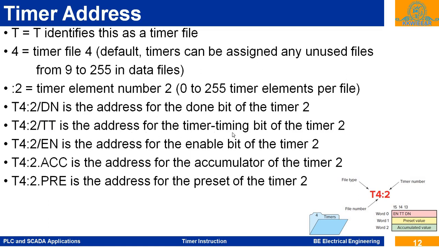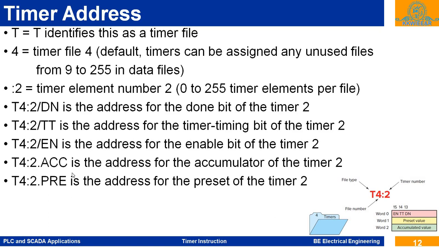T4:2/TT is the address for the timer timing bit of timer 2. T4:2/EN is the address for the enable bit of timer 2. So for the bit instructions of the timer, after the 2 we use a slash and mention the bit name, that is done, TT or enable.